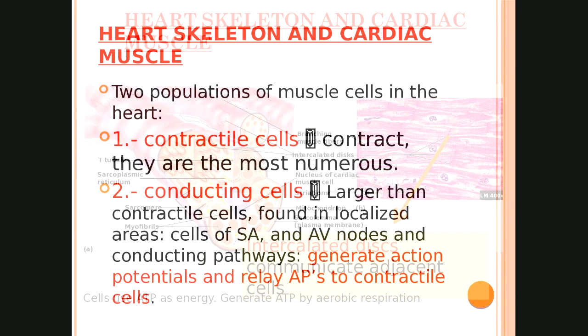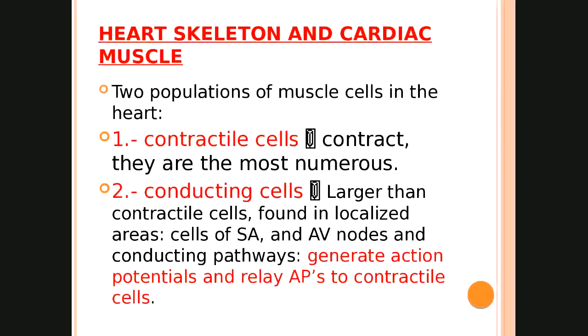Cardiac muscle cells come in two different populations. We have one set of cells called contractile cells. These are the most numerous cells. These are the ones that are going to constrict and cause the contraction of the chambers, whether it be the atria or the ventricles.